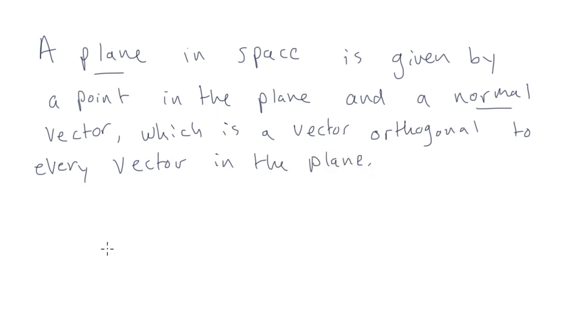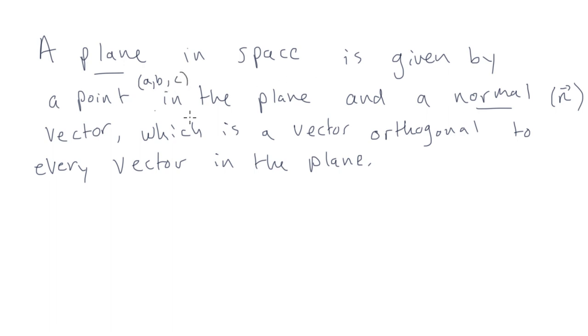And so the vector equation of a plane is just, okay, so if n is this normal vector, and let's say our point is again a, b, c.